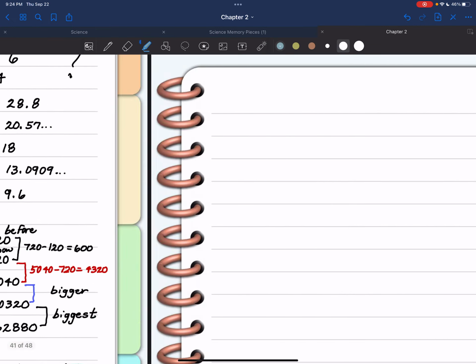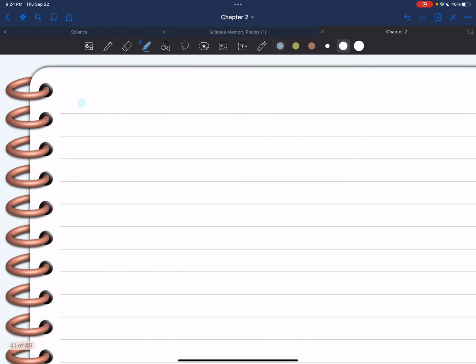All right, let's go to number 14. Which equation is correct? 5 factorial times 2 factorial, be careful here, is 10 factorial. 5 factorial is 120.